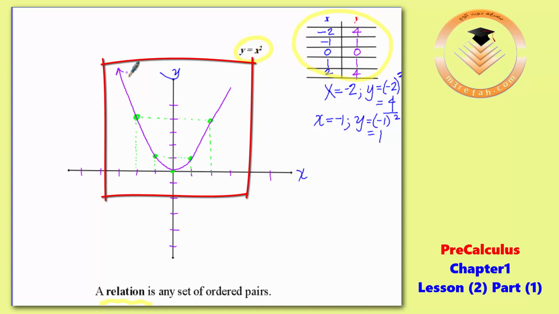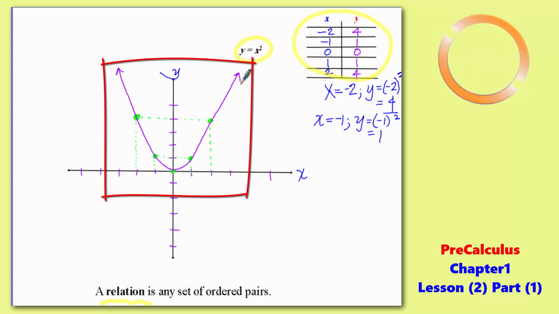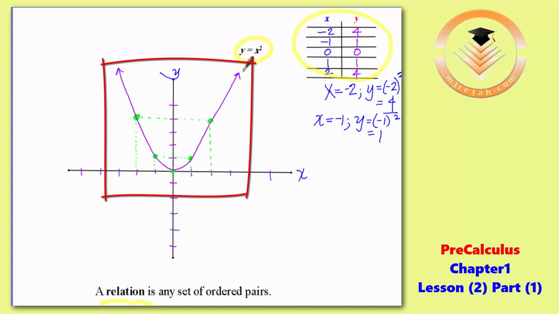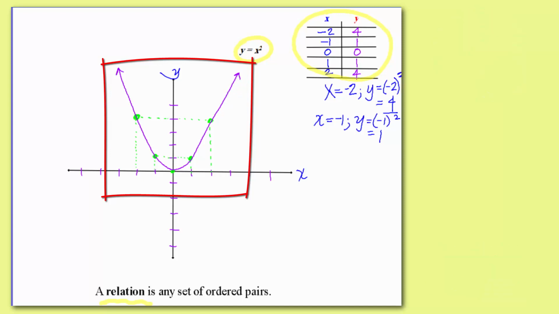It's a curved graph extending again in both directions, because you will have to consider the values of x and y. You can choose whatever x values you want and get whatever y values you want. Okay, let us highlight this graph here.